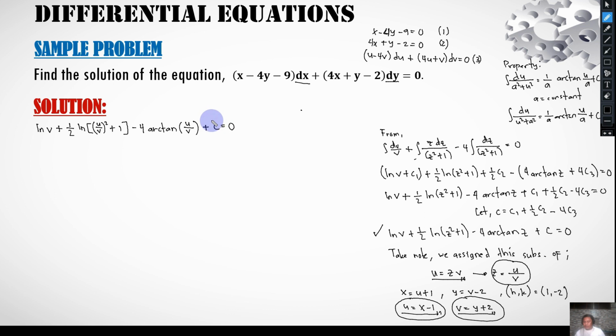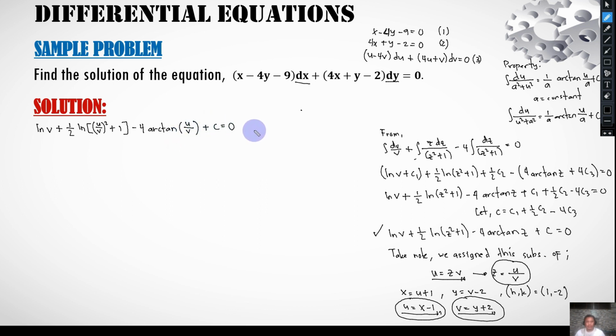So what are we going to do now? Since we have expressed it in terms of u and v, we will now use our u, which is x minus 1, and our v, which is y plus 2. We substitute them here.